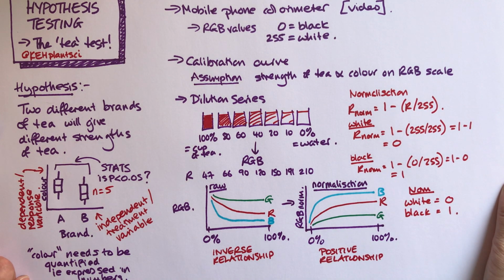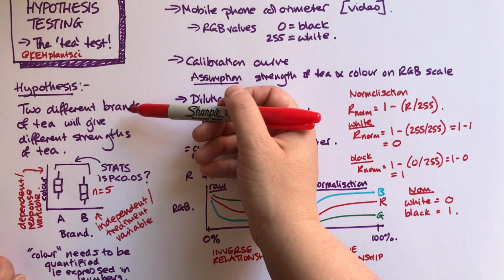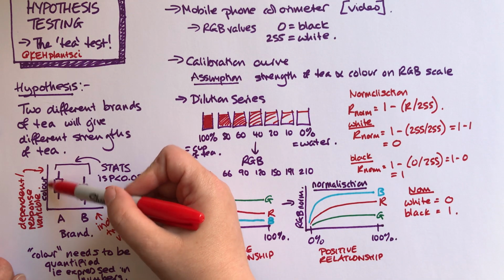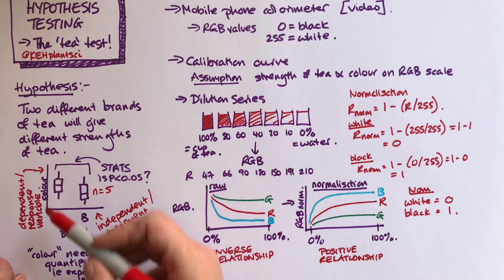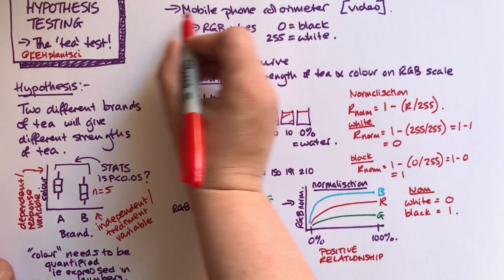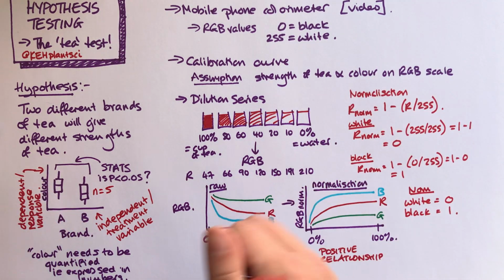Okay, so that's how I've set up my experiment. This is the hypothesis that I'm testing. I'm looking to see, can I detect the difference between 2 brands of tea? I'm going to use colour as my dependent variable, but I need to quantify it. In order to quantify it, I'm using the mobile phone colorimeter, and there's another video about that.